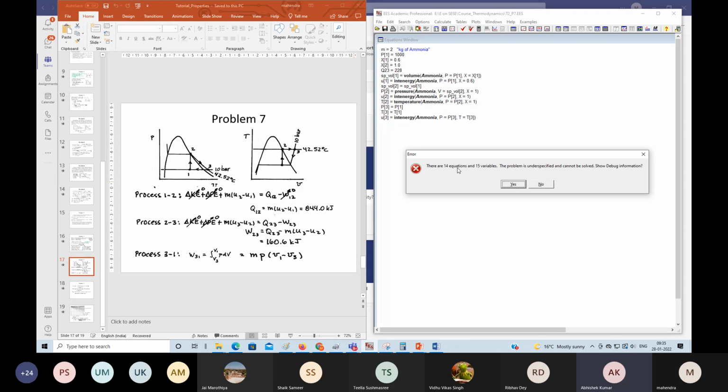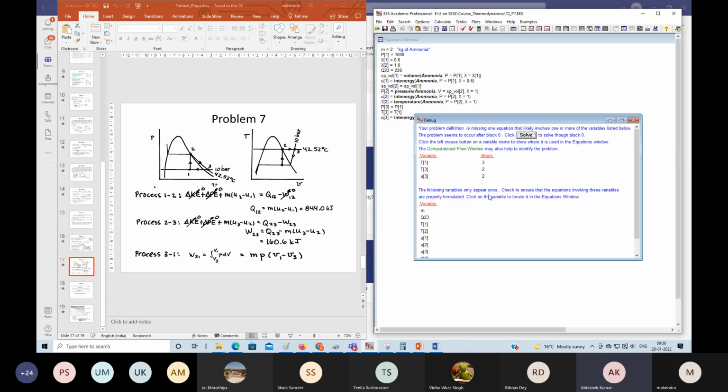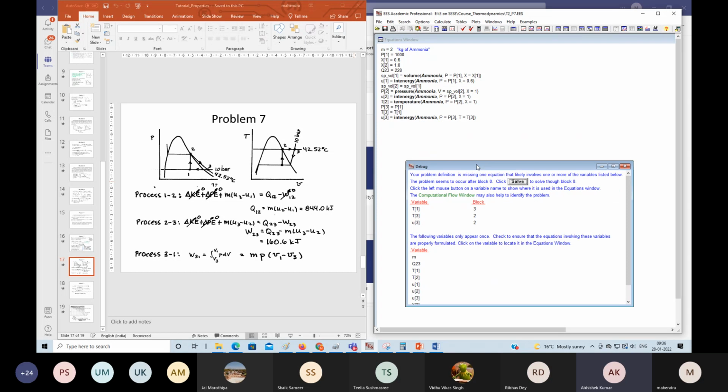There are 14 equations, but 15 variables. P3 is there, then T3. T3 defined, right? T3 defined. And the problem is U3, the internal energy. So what could be the problem here?